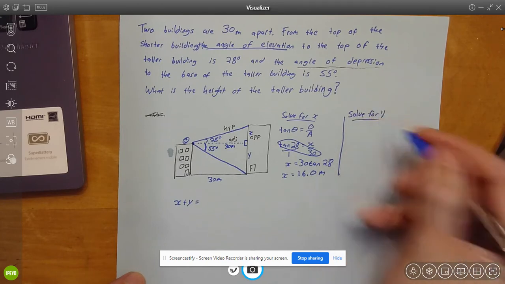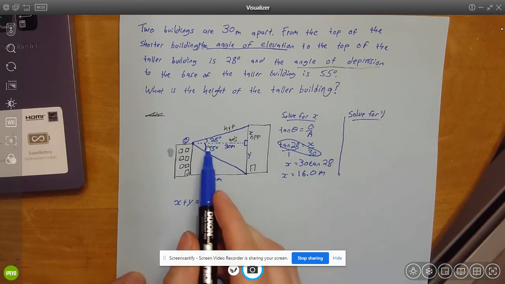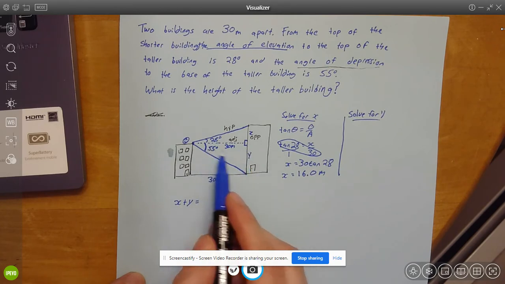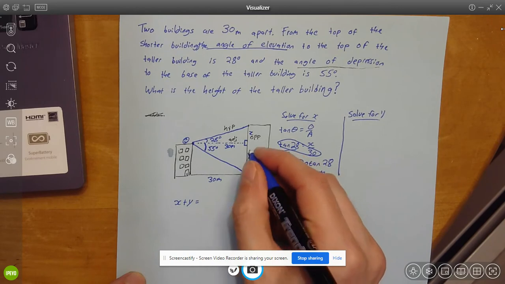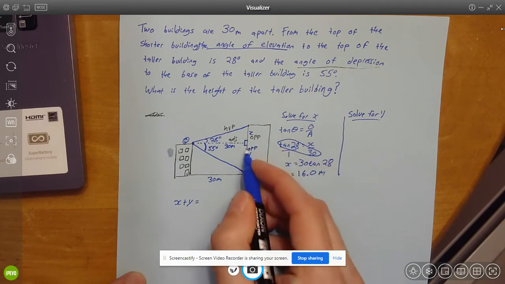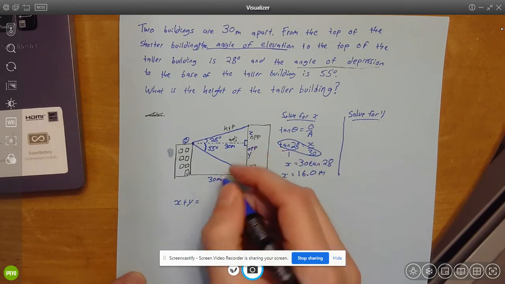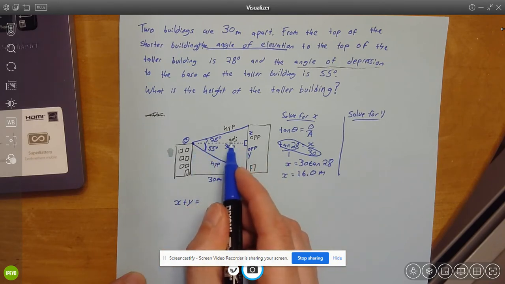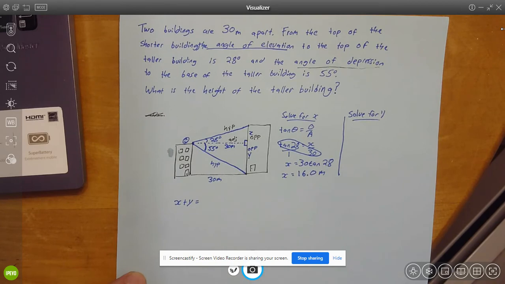Next, we could solve for y. This is part of a separate right angle triangle, so let's relabel the sides. Across from the reference angle, which is now 55, that's my opposite. My longest side is across from the right angle, that's my hypotenuse. And this 30-meter side, that's still my adjacent, right? It's next to my reference angle.